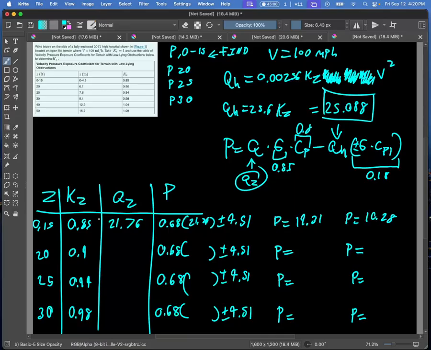And then right here, this is going to be 25.6 times 0.9. Here we're going to have 23.04. Let's do the same thing, but times 0.94. We're getting 24.064. And then the same exact thing, but times 0.98.